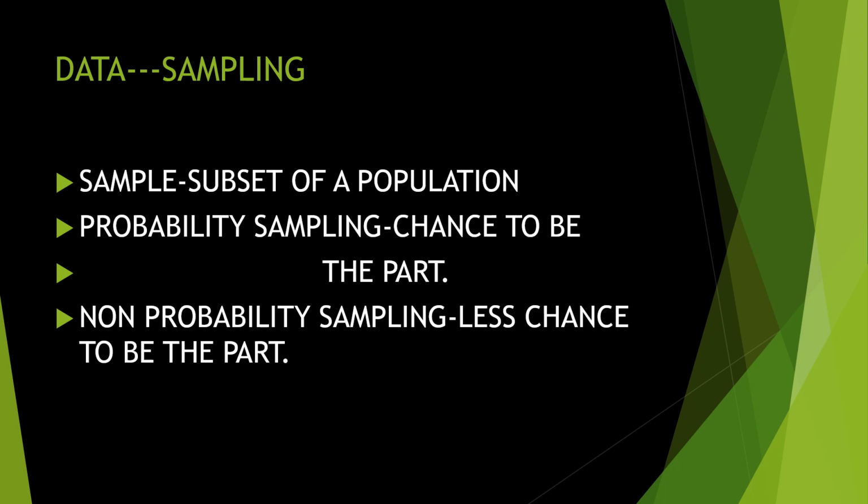Okay, next is data sampling. What is meant by sample? A sample is a subset of a population. You cannot take all the people together to do research. What you have to do is select from them and do the research on that.